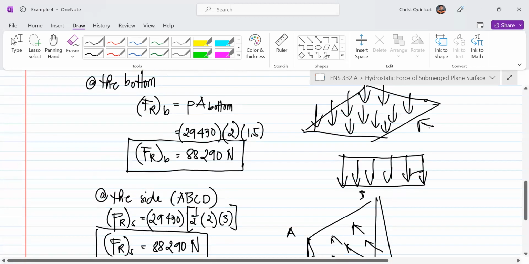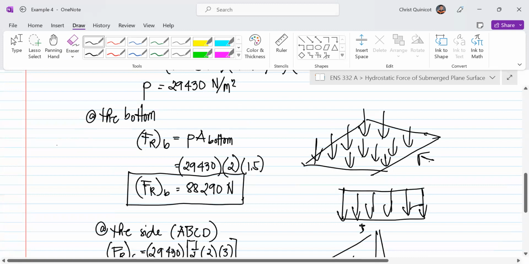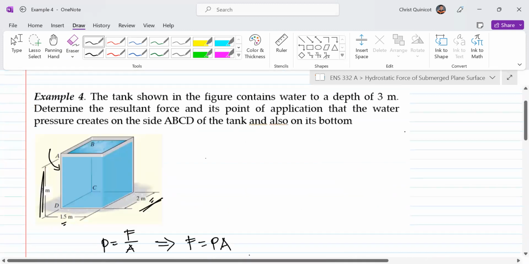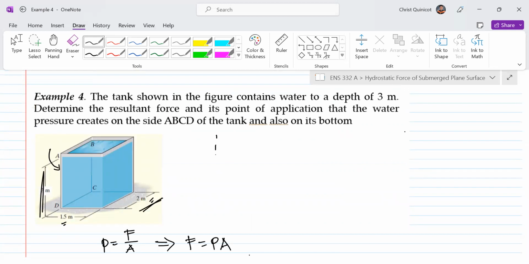If we are to make an XYZ coordinate here, let us say this is our Z, this is our X, and this is our Y, just to show the location.